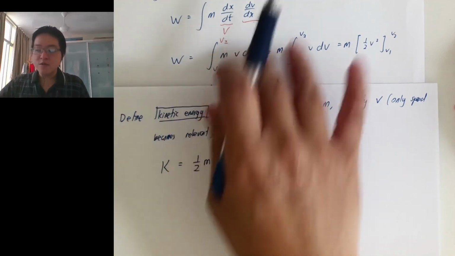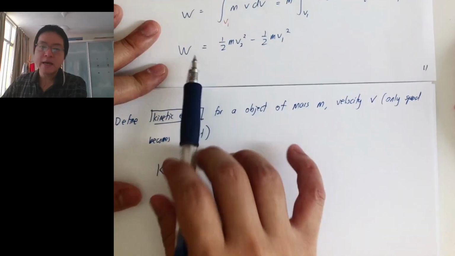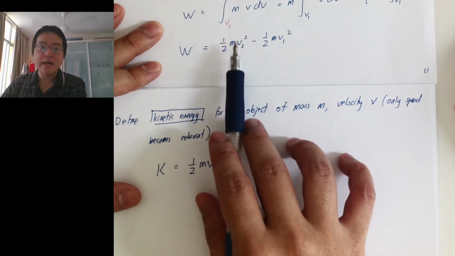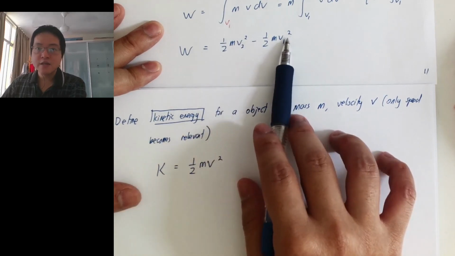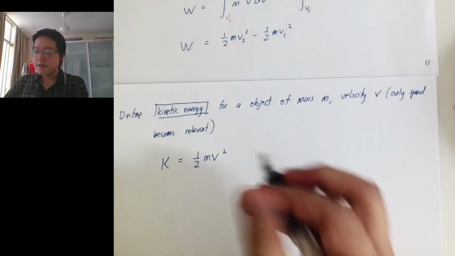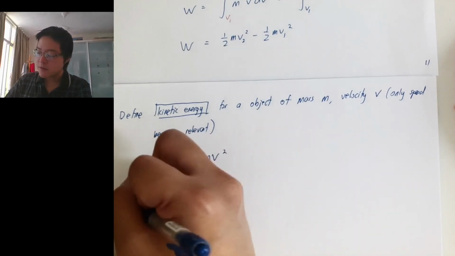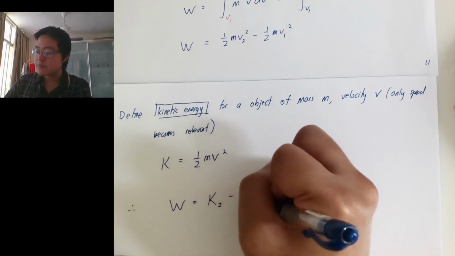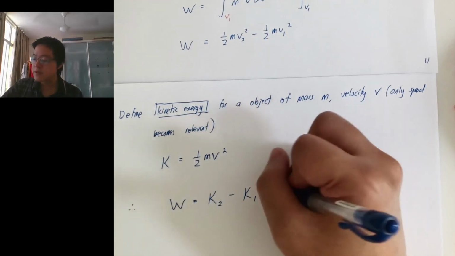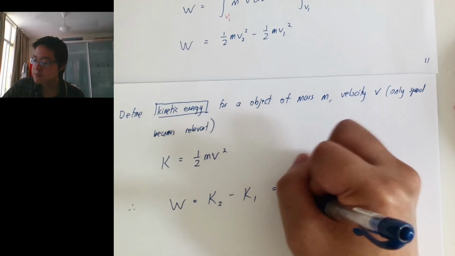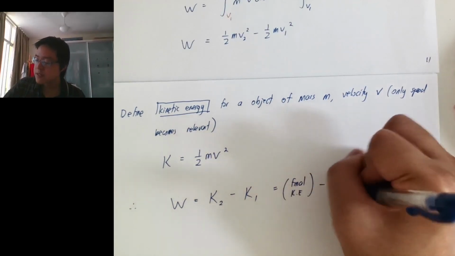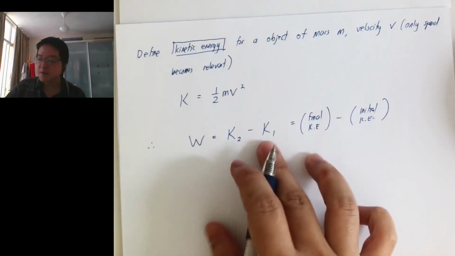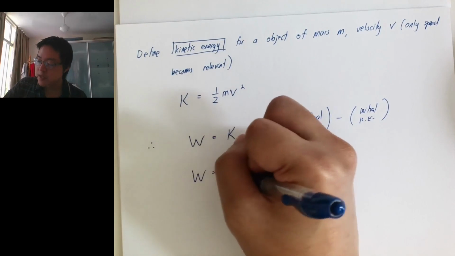If I define this as my kinetic energy, then I can simplify my language: the work done is just the final kinetic energy minus the initial kinetic energy. So this is the change in kinetic energy.